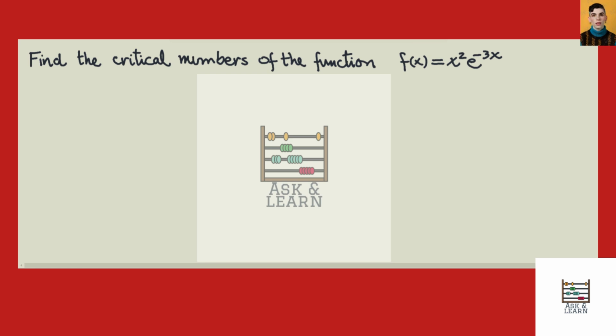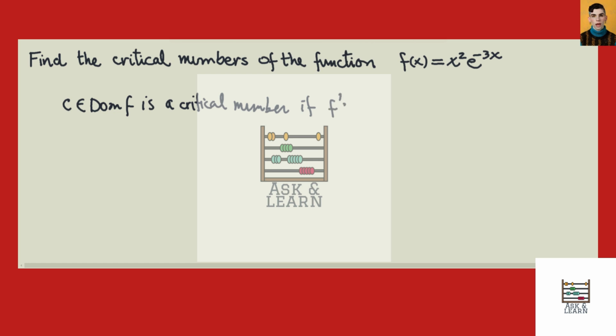We will find the critical numbers of the function f of x equals x squared times exponential of negative 3x. So remember that c in the domain of the function is a critical number if any of two things happens.